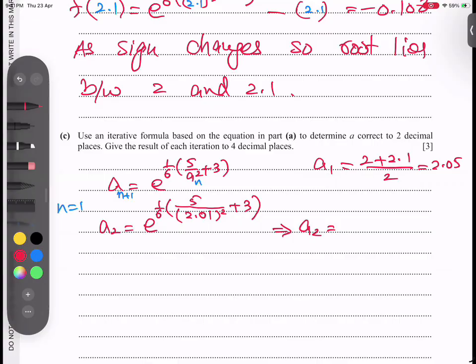Exponential in power, in fraction. In fraction, we have 5, and down we have 2.01 to the power 2, and plus 3. So if you check it, one minute, please.